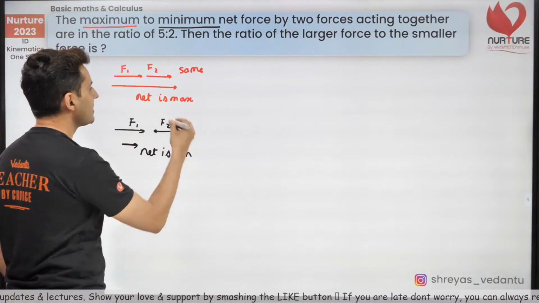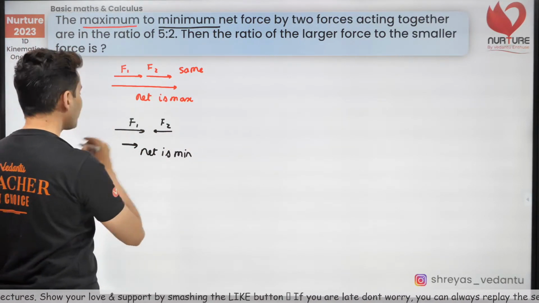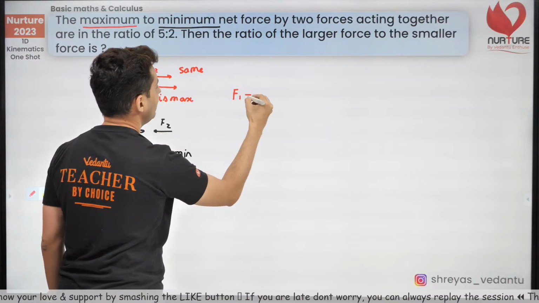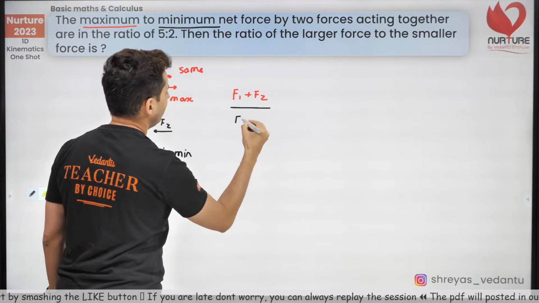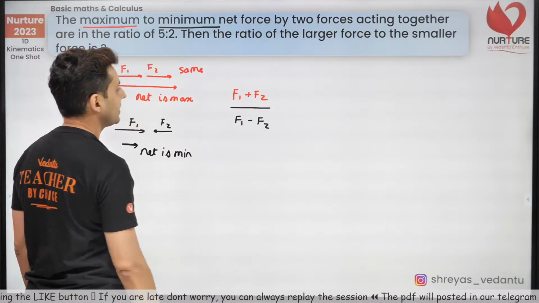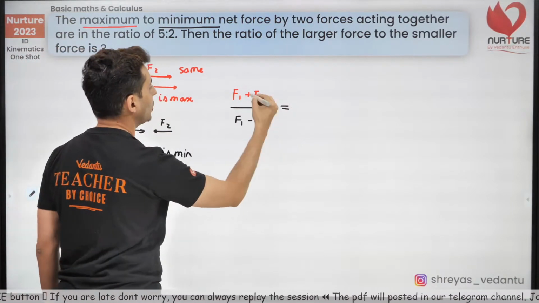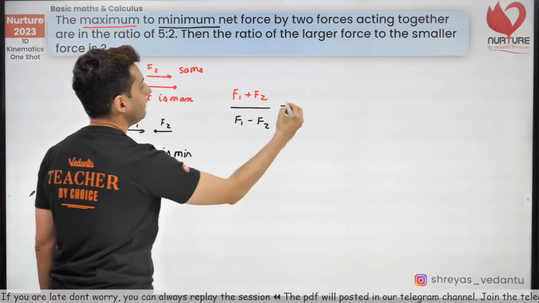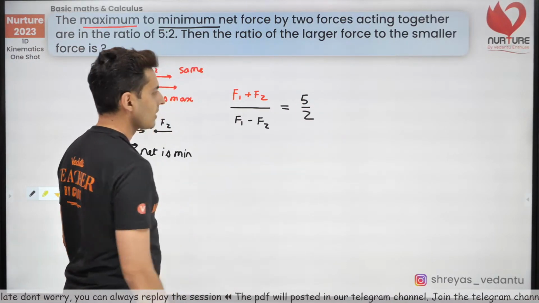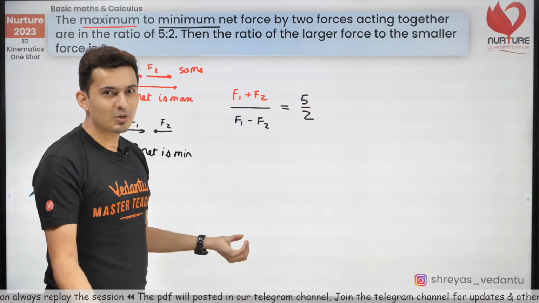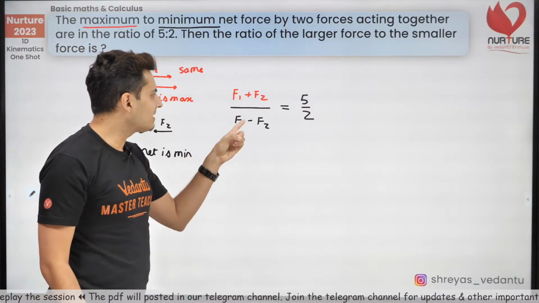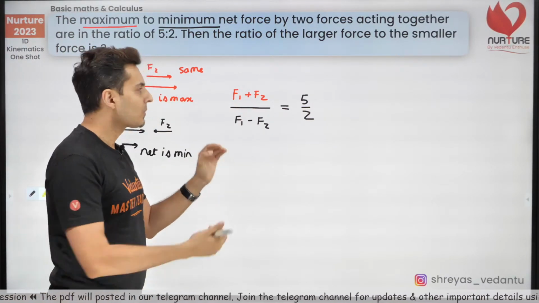So the question says maximum by minimum. That means F1 plus F2 divided by F1 minus F2. That's what is given. This ratio is given to be 5/2. Now when two ratios are equal, what can you do? You can always use componendo dividendo, and you can see some plus and minus signs over here.